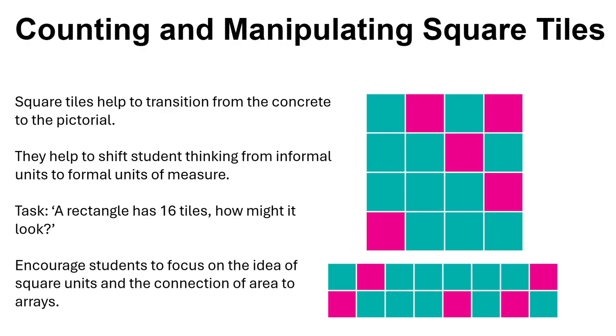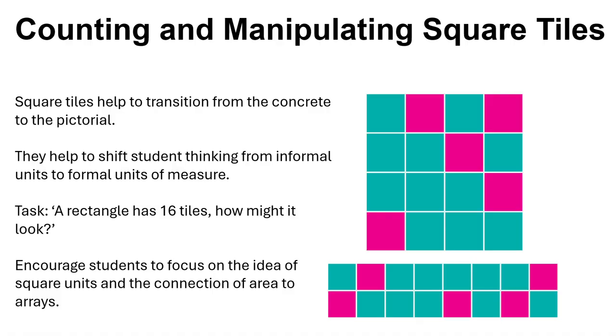A task that I got students to do was a bit of an open-ended task. A rectangle has 16 tiles. How might it look? We've got a rectangle, and we know a square is actually a square rectangle by definition in geometry. So we have a 4x4 grid there, and we have a 2x8 grid down the bottom. Encourage students to focus on the idea of square units and the connection of area to arrays.